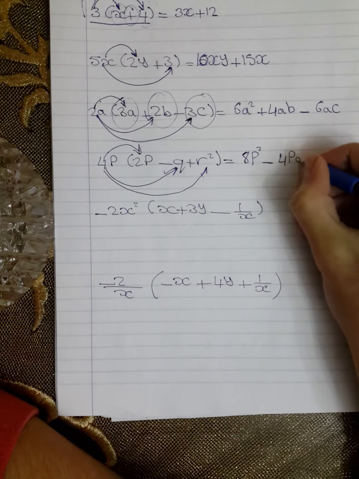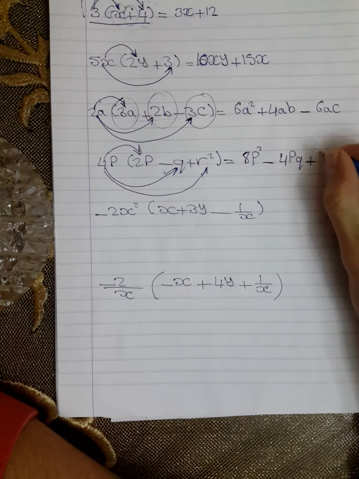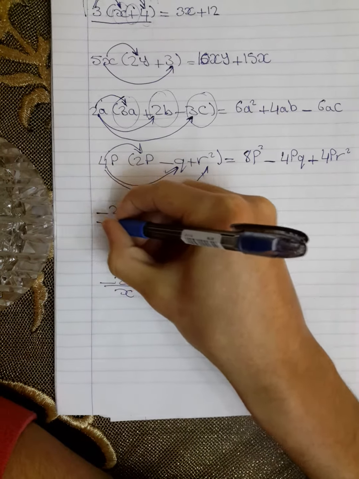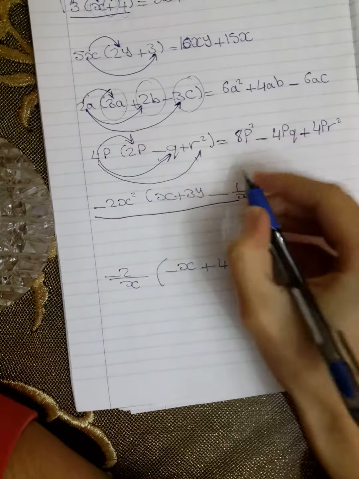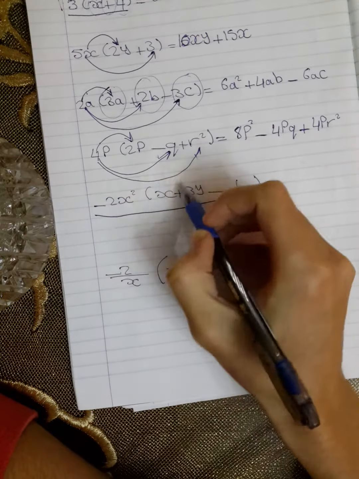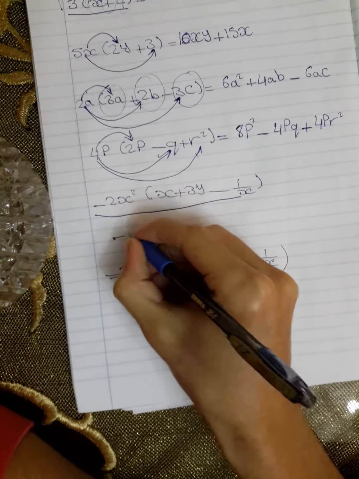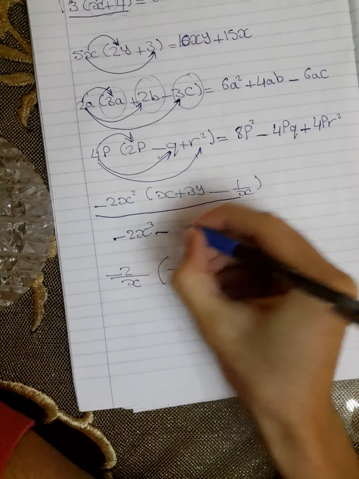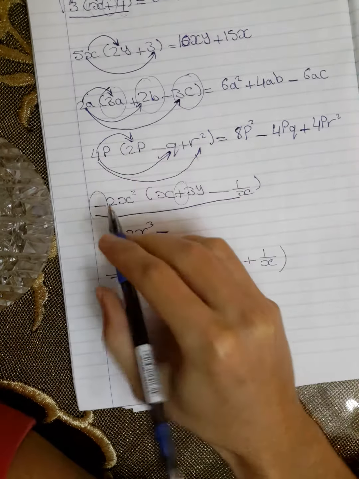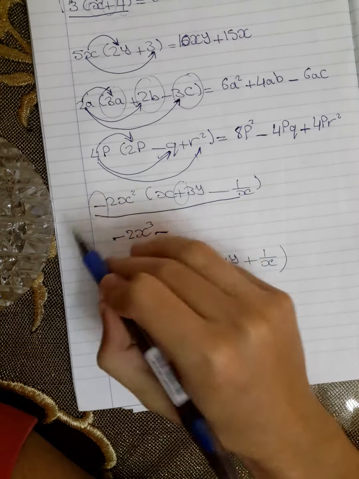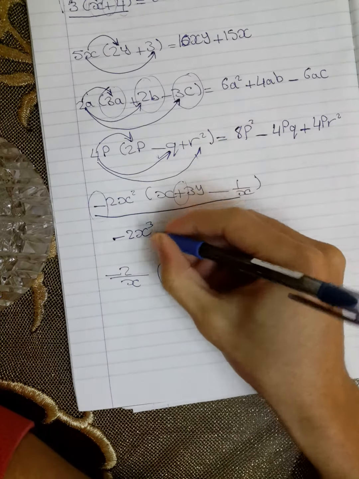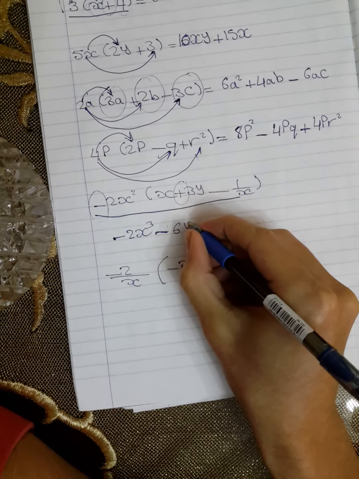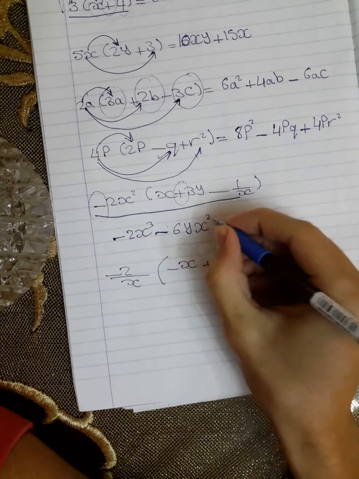Another idea is, if you have a problem like that, you have negative 2x squared times x to the power 3, minus, because you multiply a positive times a negative, or a negative times a positive, this gives you a negative sign. 6, 2 times 3 is 6, and y times x squared is y times x squared.